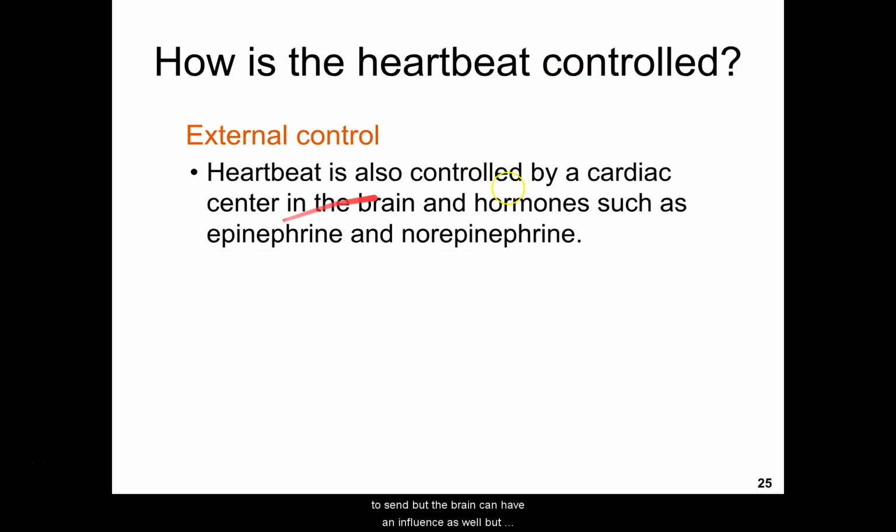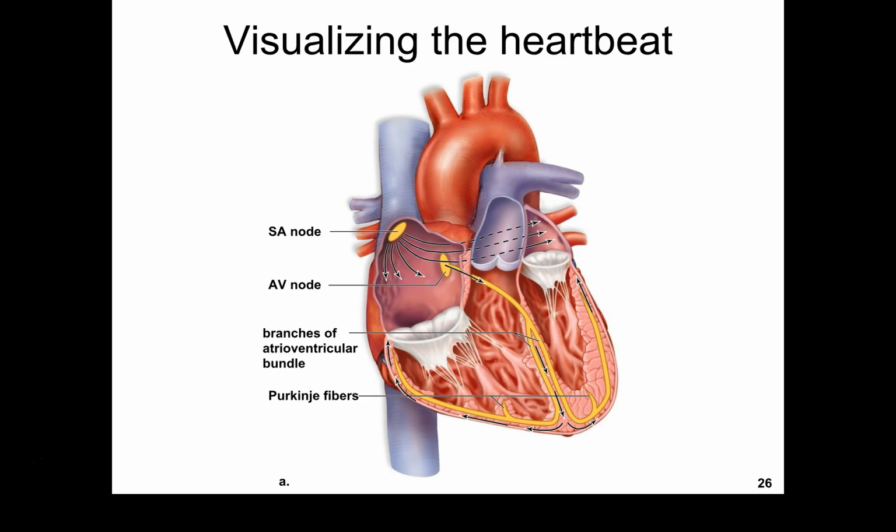But the brain can have an influence as well. But I definitely want you to know that the heart can beat without a signal from the brain at all. Because of the way the heart is wired, because of the way the heart is set up, it can actually beat with no external communication to the brain whatsoever.